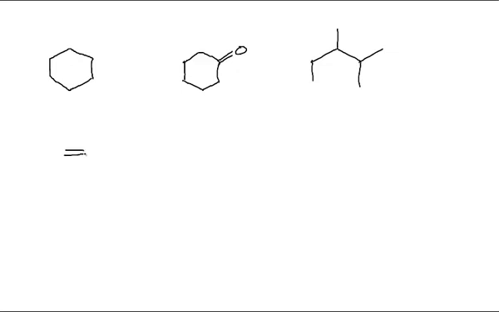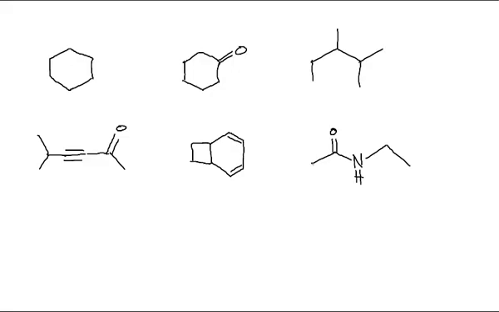Just to give a couple of examples, if we look at these molecules up here, first one, what's the unsaturation number? 1, because it has one ring.